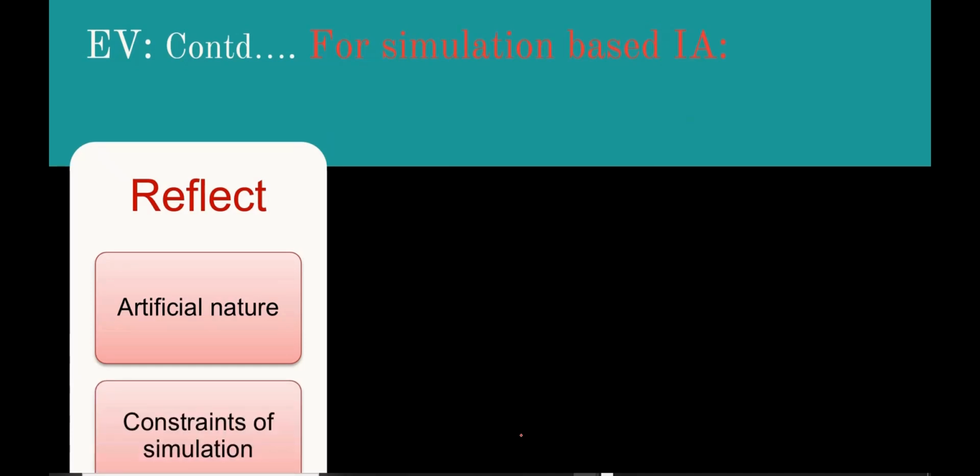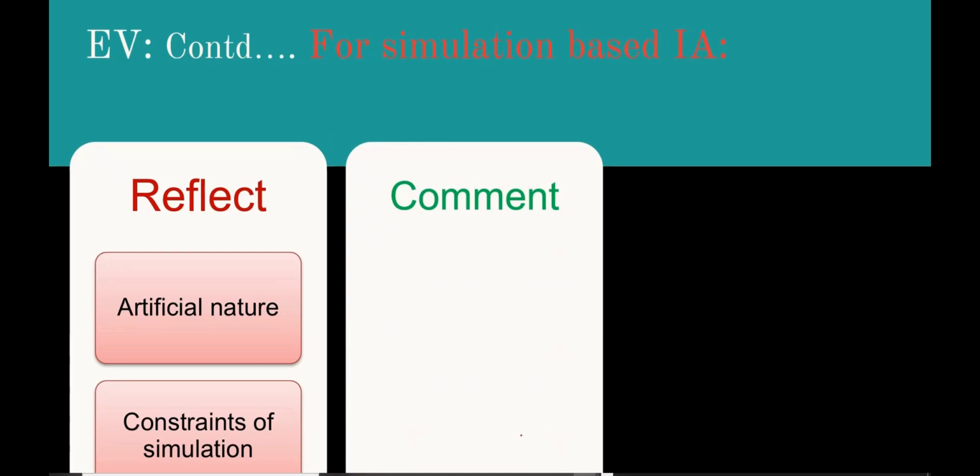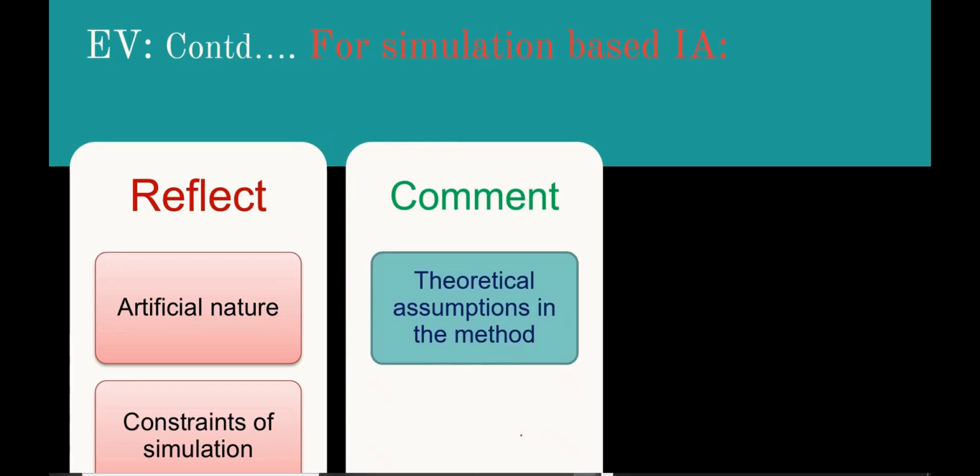Number 2, reflect on the constraints of simulation. That is, the range of data that can be collected and the variables that can be or cannot be controlled. The next point that you need to look at is comment. Comment on the theoretical assumptions made.